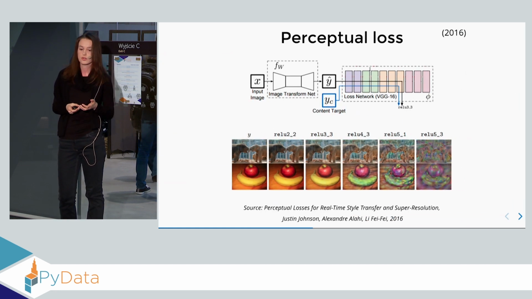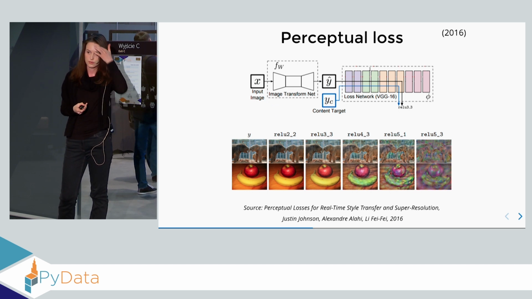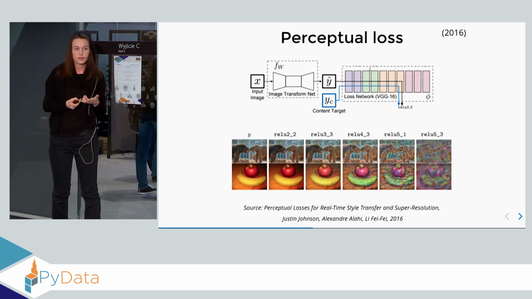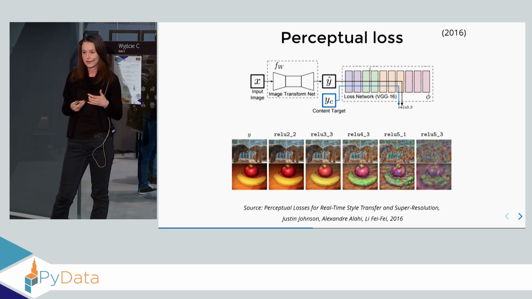So the next thing we tried is using perceptual loss, which is based on the idea that if we take a neural network that is trained for image classification, it has in its weights encoded the information how the details of everyday common objects look like.